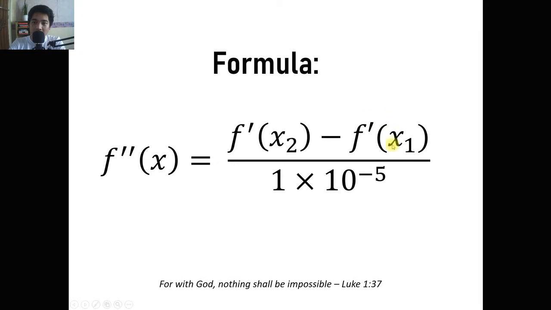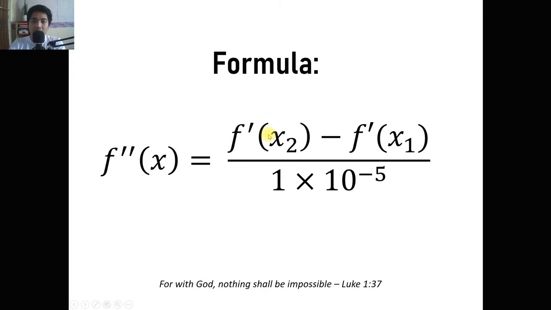That is for our x1. And then we have x sub 2. Again, this is the same process, but to this x sub 1 we will be adding 1 times 10 raised to negative 5 to that 0.1. So the value of x sub 2 would be 0.1 plus 1 times 10 raised to negative 5.